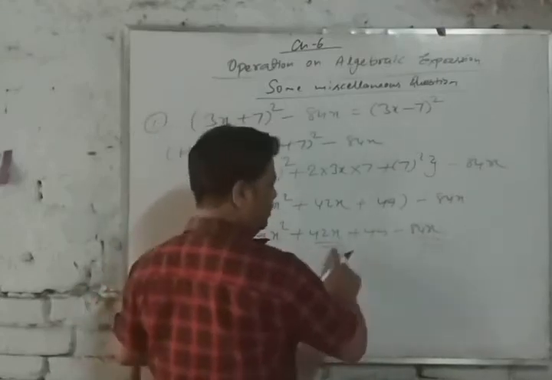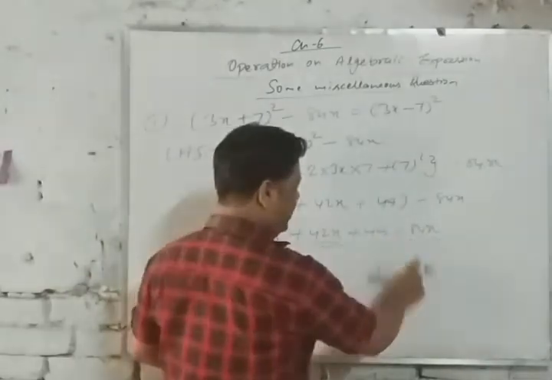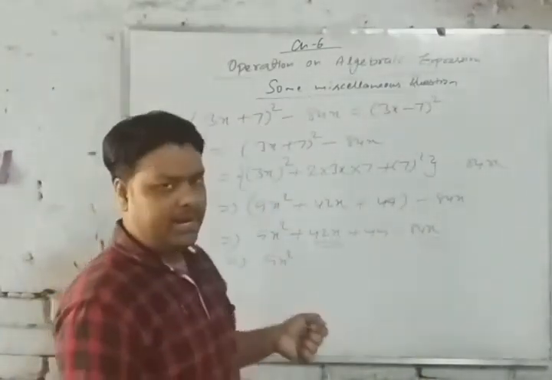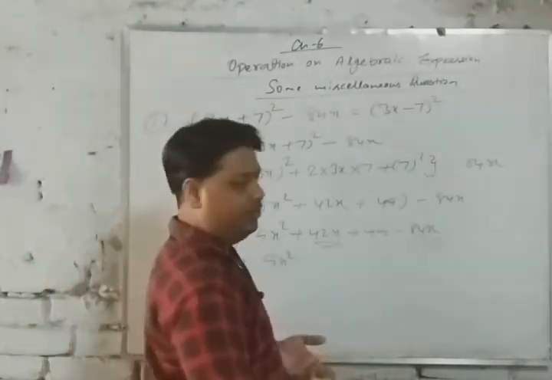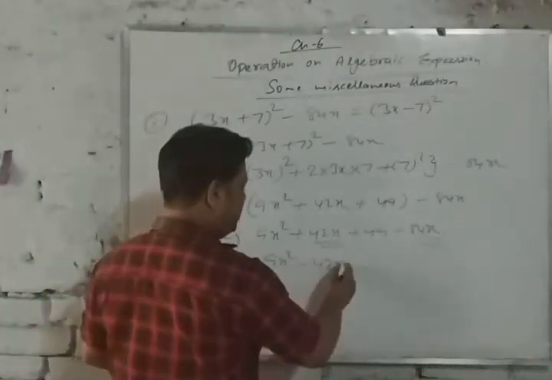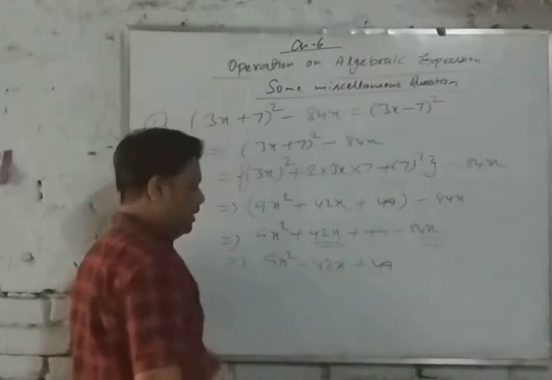Both are like terms because both have the same variable x. And here one is plus and one is minus, so we have to subtract. So 84 minus 42 is 42, but we will write the minus sign because 84 is greater. Then plus 49.